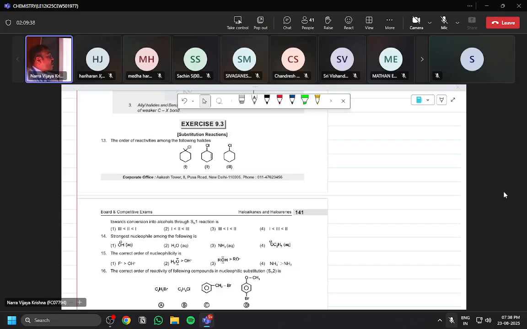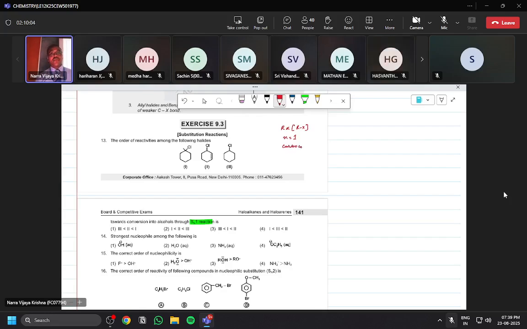Next one. Order of reactivities among the following towards conversion of alcohols through SN1 mechanism. What are the conditions for SN1? Rate of reaction depends upon only concentration of alkyl halide. Order of reaction is 1, followed by a carbocation mechanism.